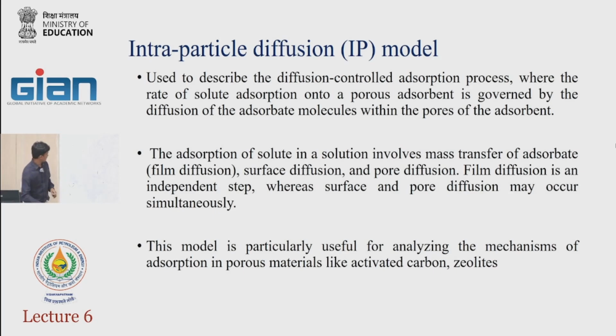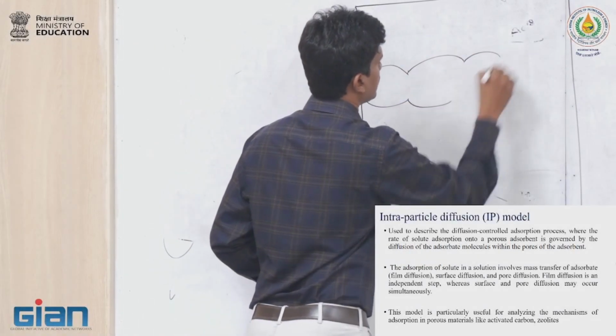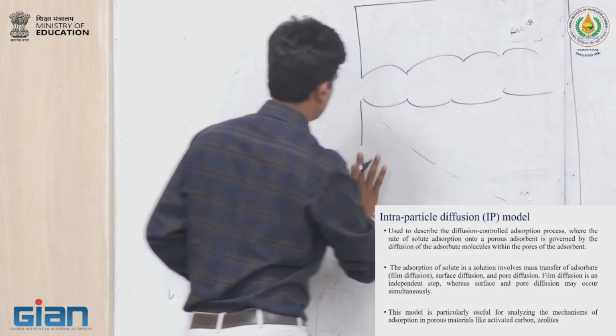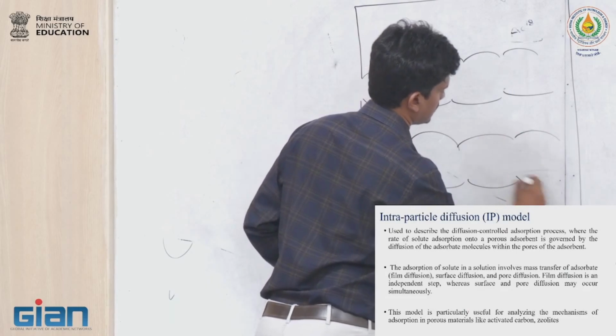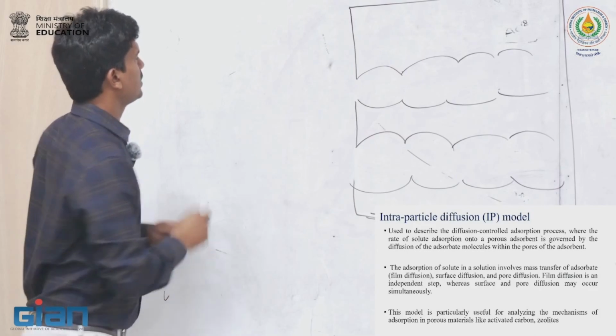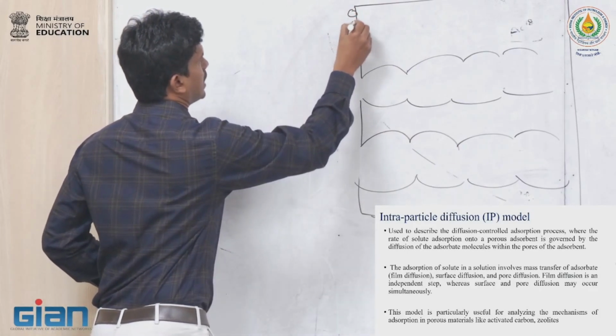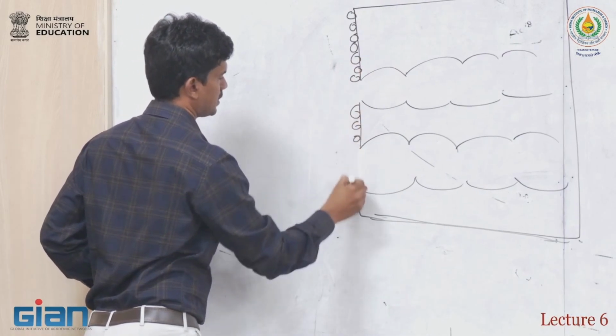As we discussed, whenever you have a solid particle like this, and then you have a pore like this, when we perform an adsorption, some gas molecules will adsorb onto the surface, near the surface.